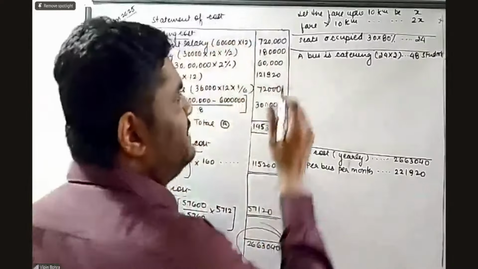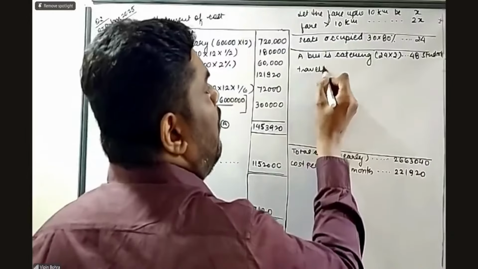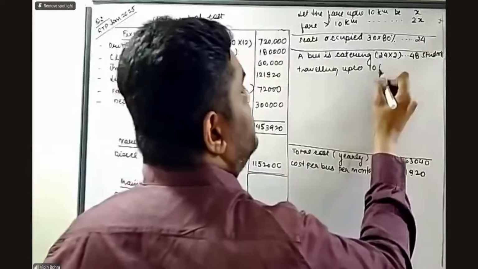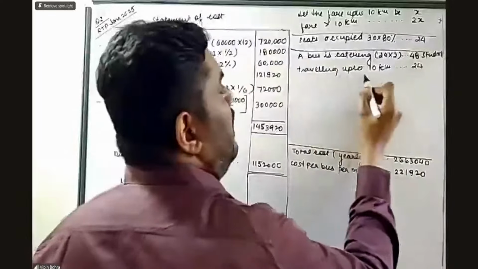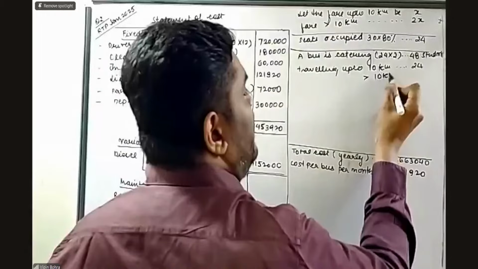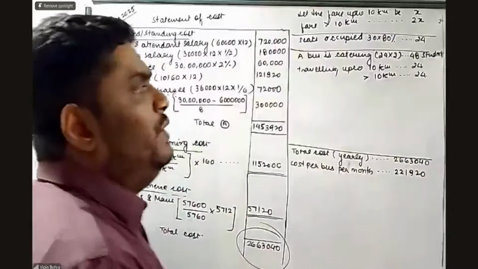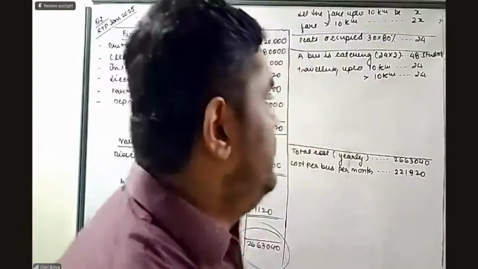Of these 48 students, traveling up to 10 kilometers will be how much? 50%, that is 24. And more than 10 kilometers will be how much? 24.